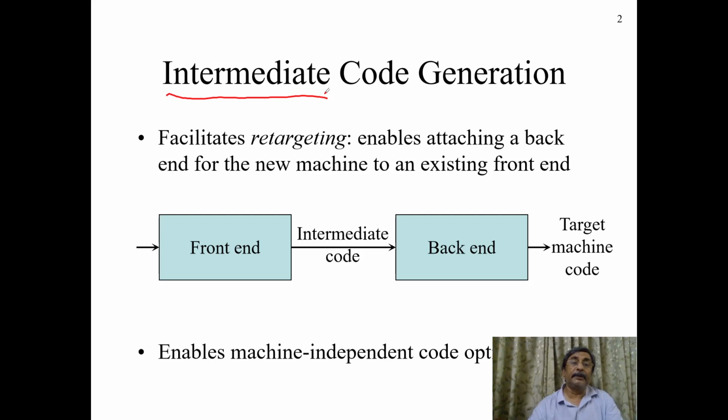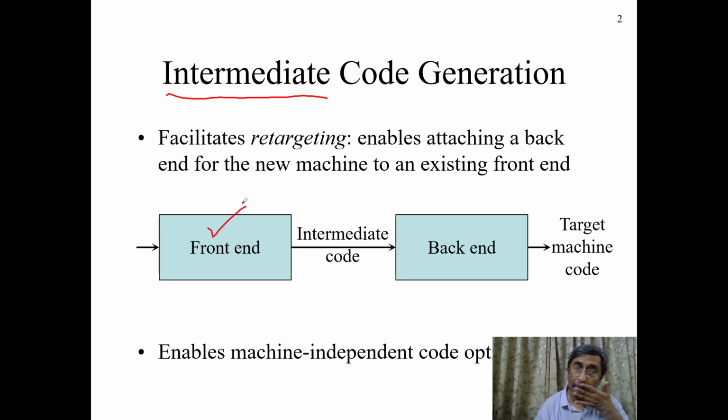And the second benefit is that from the intermediate code we can actually generate machine code for different machines. So our compiler, as far as we have read, the lexical analyzer, the parser, and this intermediate code generator, they belong to the front end of the compiler, and once this front end completes, then we go to the back end of the compiler.